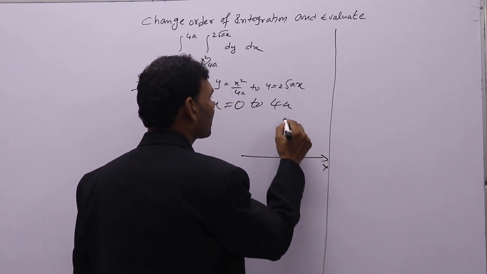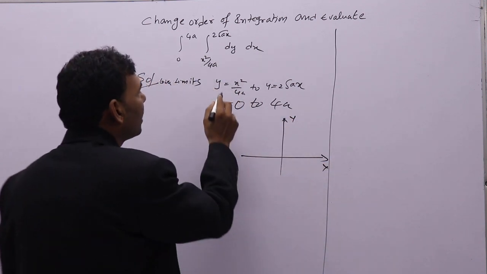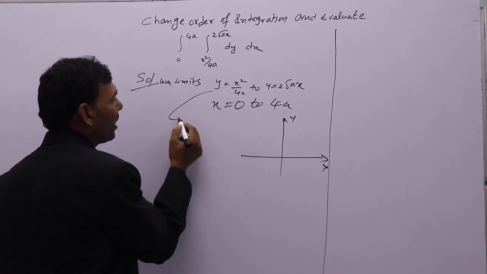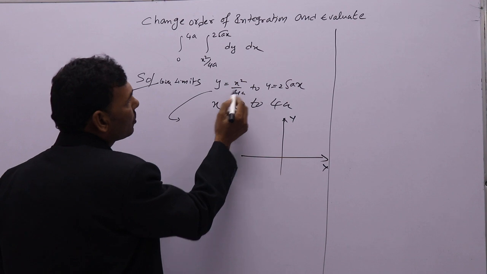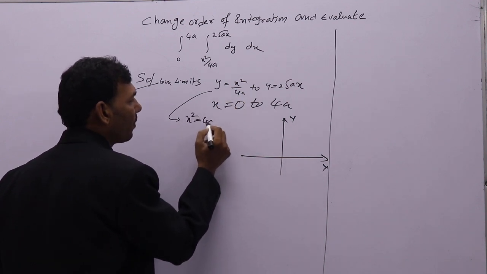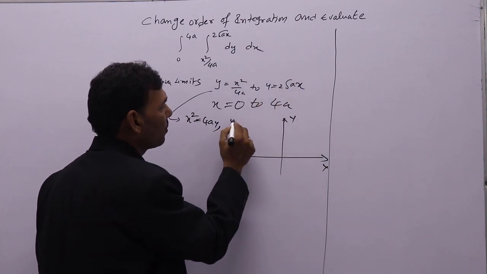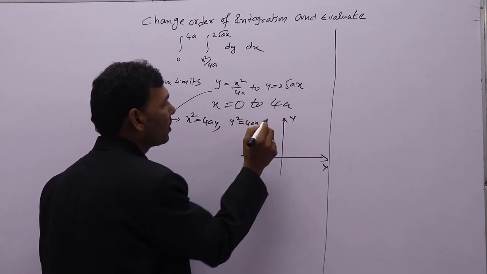So the x-axis and y-axis. The y limits I am writing again. This is x square equal to 4ay. Squaring on both sides, what will you get? Y square equal to 4ax.